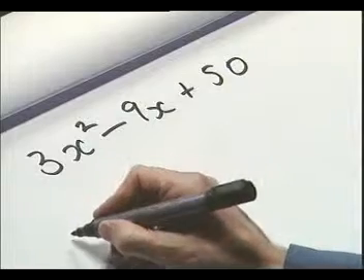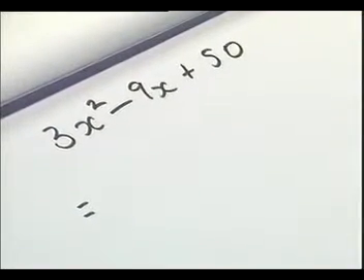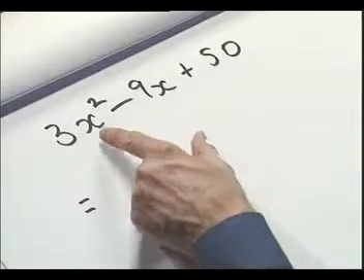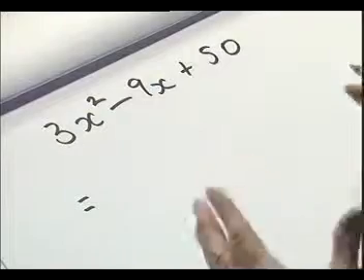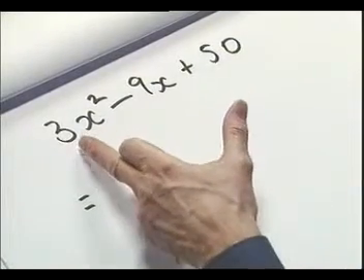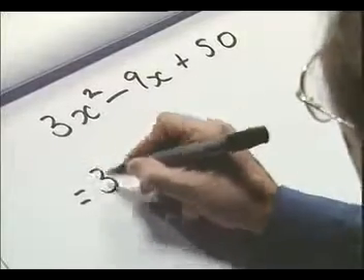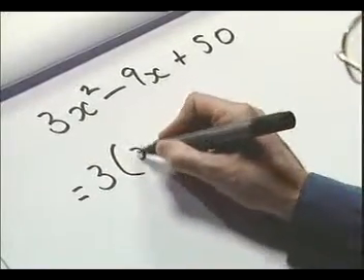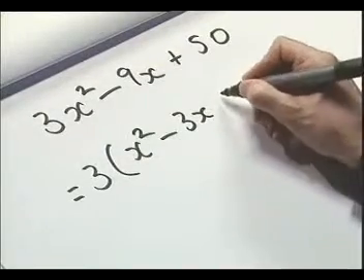What do we need to do to begin with? Well, we know how to do this if we've got a unit coefficient with the x squared. So let's make it a unit coefficient by taking out the 3 as a common factor. So that's 3 brackets x squared minus 3x.